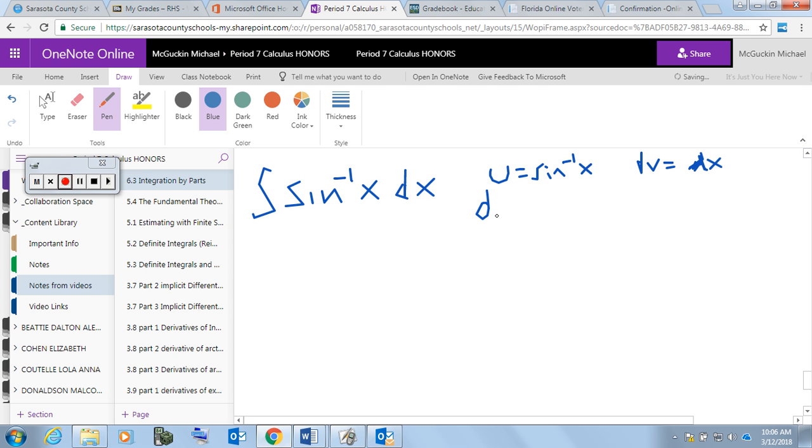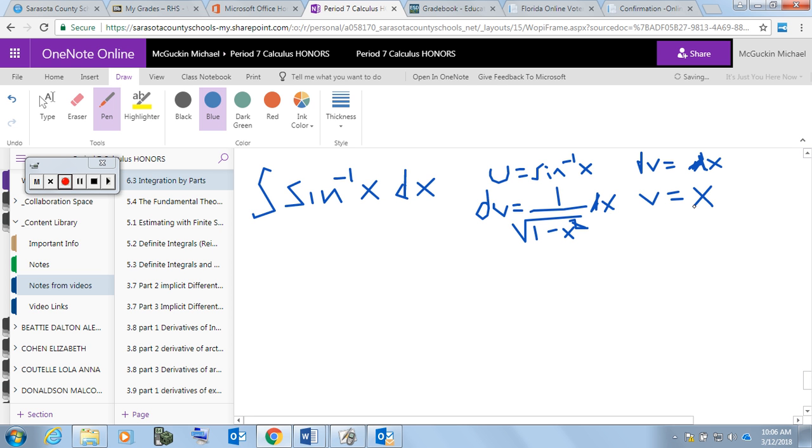That's one of our identities that we remember, and we can go back and look at our inverse trig derivatives if we need to. So 1 over the square root of 1 minus x squared times dx. And then v, once again, is just going to equal x.